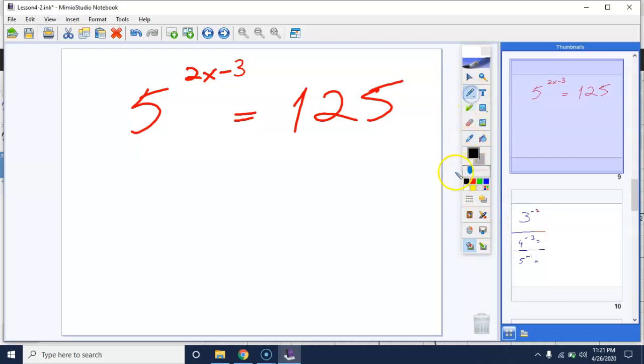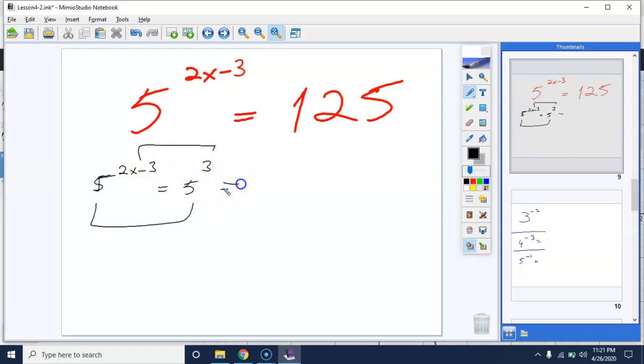Let's say we've got this one. Let's write the first one as 5 to the power. But how can I write this one in terms of 5? It should be 5 to the 3rd power, because 5 times 5 times 5 is 125. As you've seen, again we have the same bases, which means we should have the same exponents. 2x minus 3 should be equal to 3.